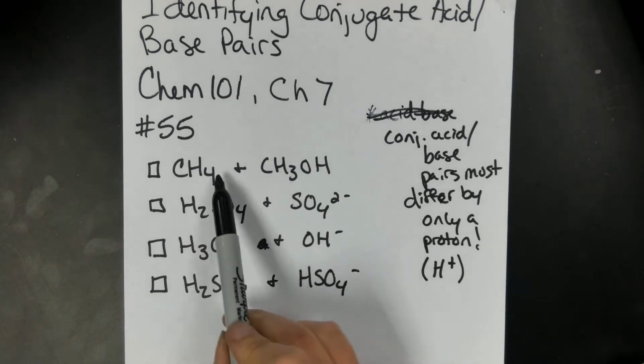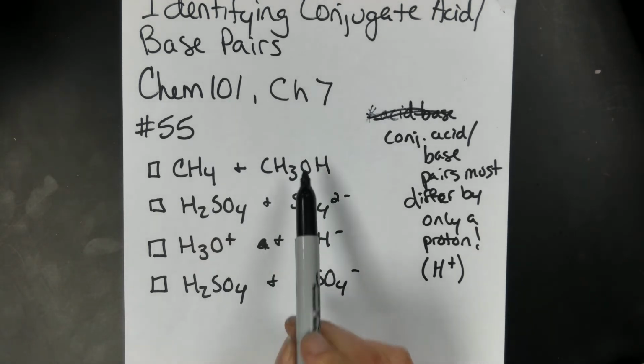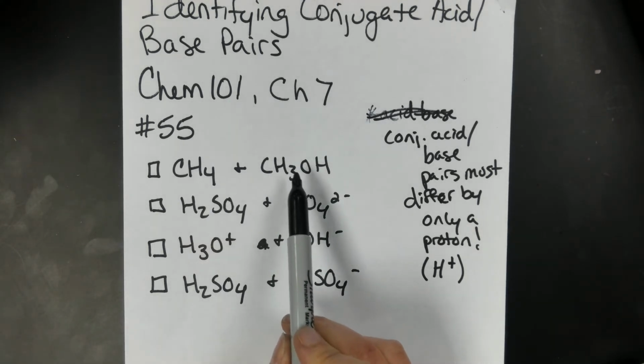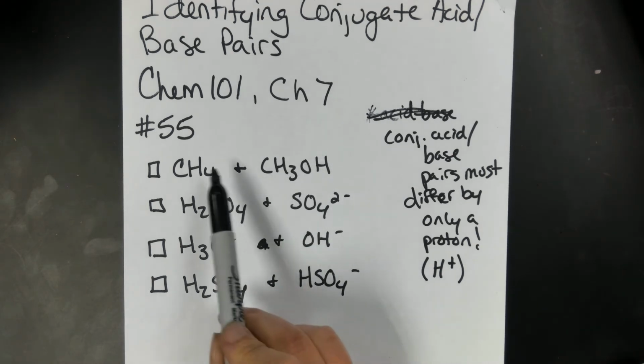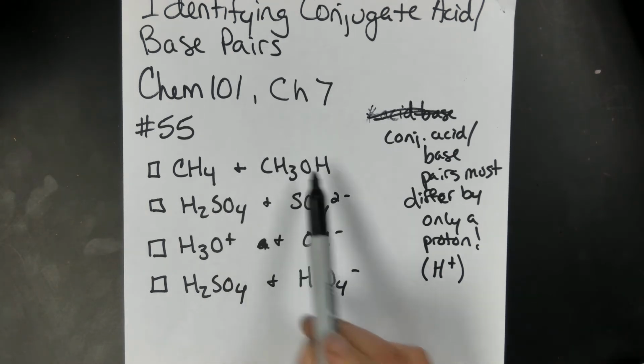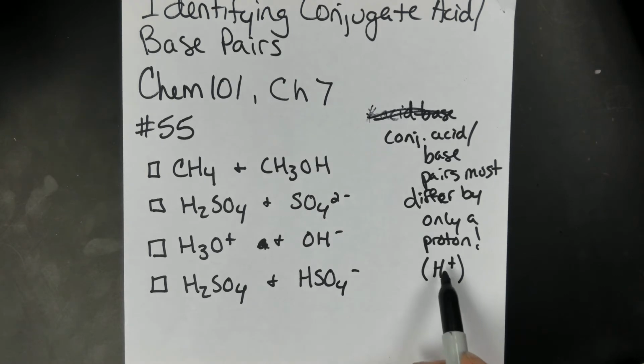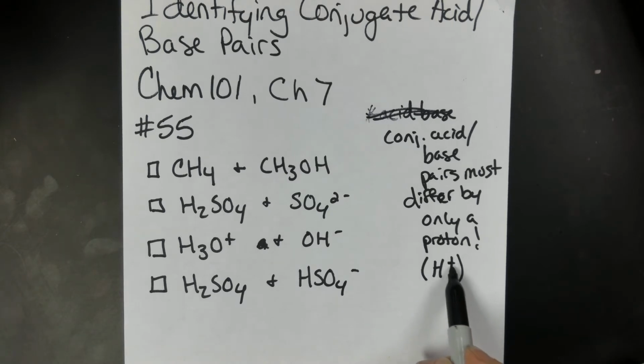Can this be a conjugate acid-base pair? The answer is no, because they differ by more than just a hydrogen. There has to be not only a hydrogen difference between them in the chemical formulas, but also a charge difference of one.